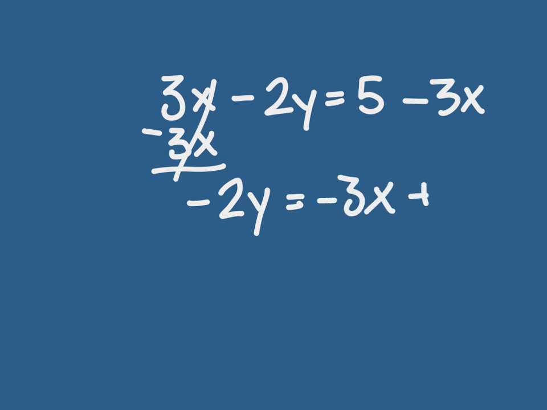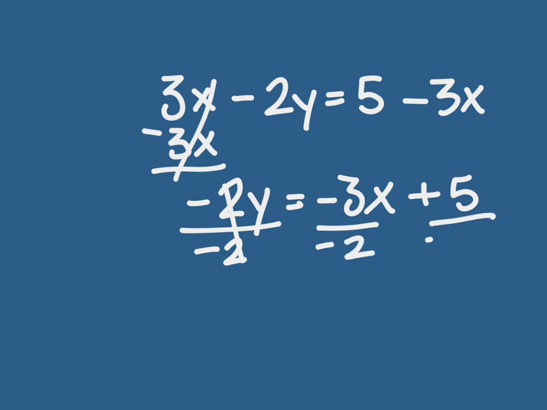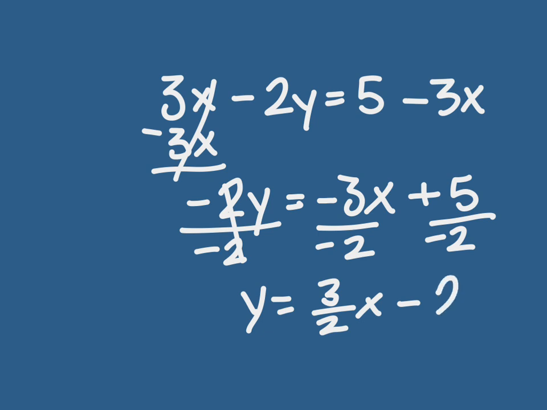Negative 3x plus 5. Okay, and now I will divide everything by negative 2. And I'm left with y equals 3/2 x becomes positive minus 5 over negative 2, which I can turn into negative 2.5.